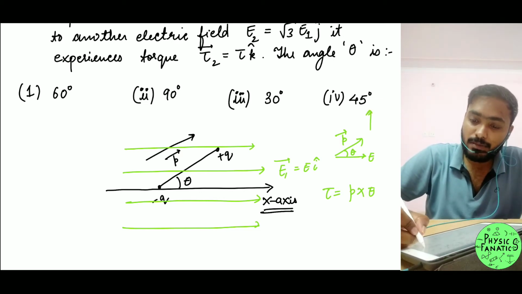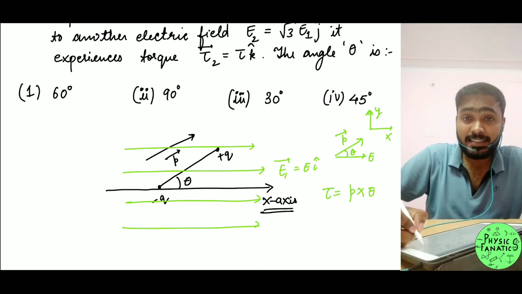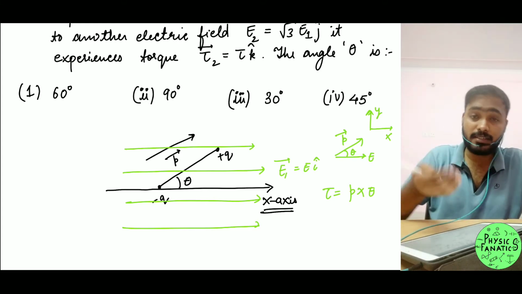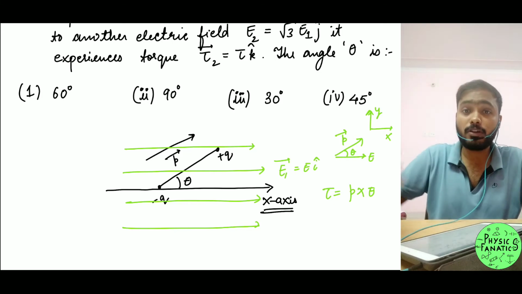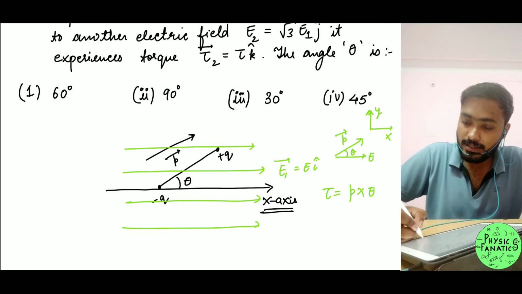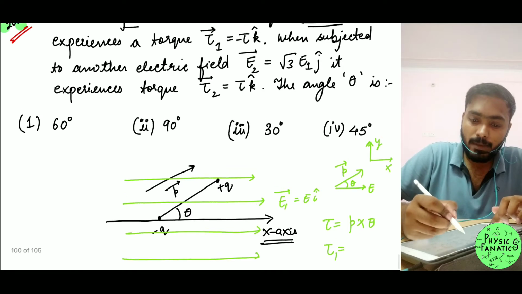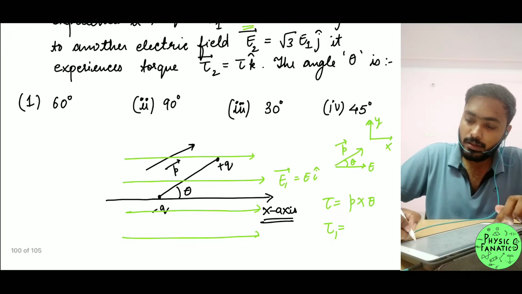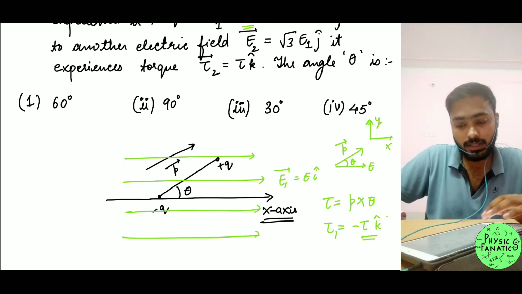So if this is my y axis, this is my x axis, then the minus z axis will be in the backward direction, and the direction that comes out will be your positive z axis, that is your k cap, right? So I can understand the value of tau 1 is actually coming out to be minus tau k cap. Okay, great. Tau 1 value is coming out to minus tau k cap. That is understandable.